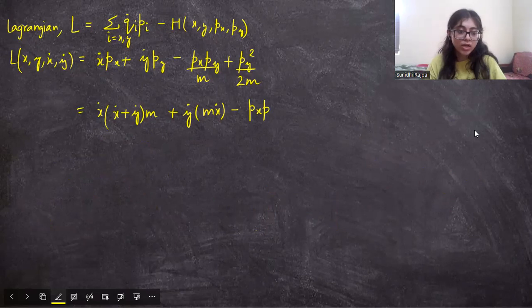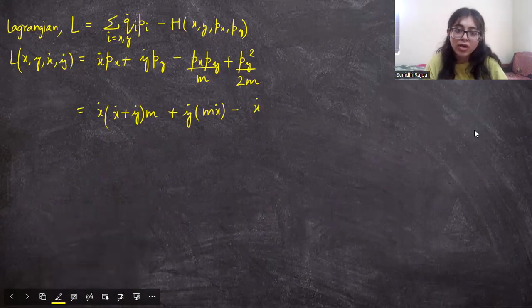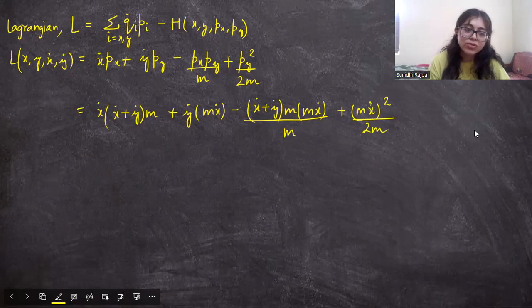Oh, px py is not allowed. So we have to put the values of px py, right? So what is px? Px is x dot plus y dot times m, and py is just m x dot divided by m plus py square. Py square is m x dot square by 2m, and we have to simplify this.